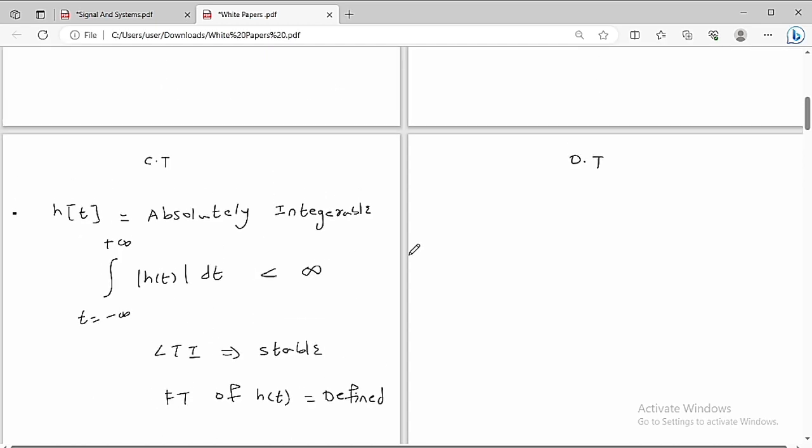Same thing for the discrete time domain. Here h of n is absolutely summable.